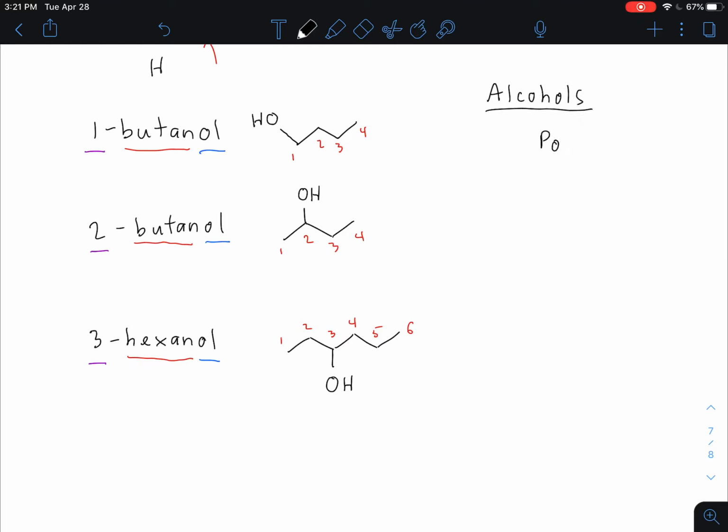So when we're talking about alcohols, these are all polar molecules because the OH group is a polarized bond, since oxygen's so much more electronegative than hydrogen and much more electronegative than carbon.